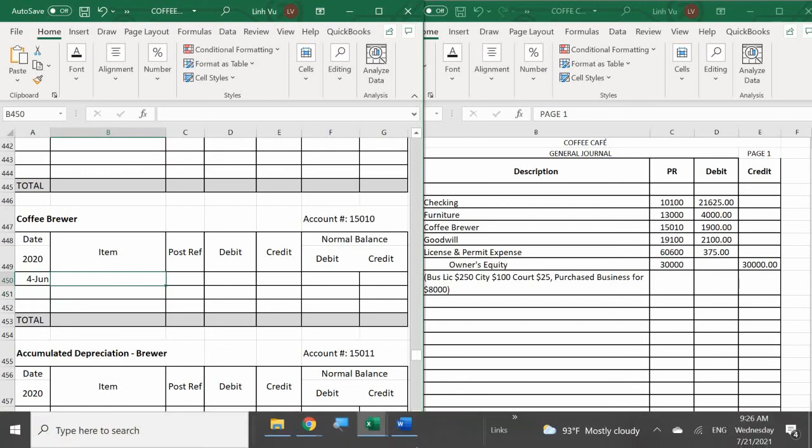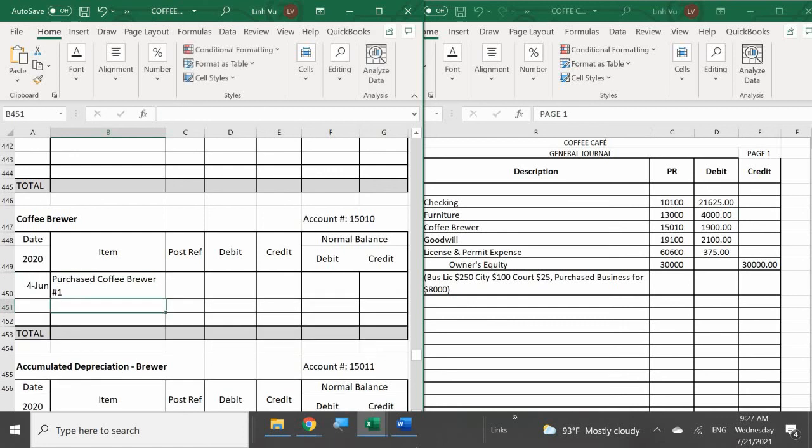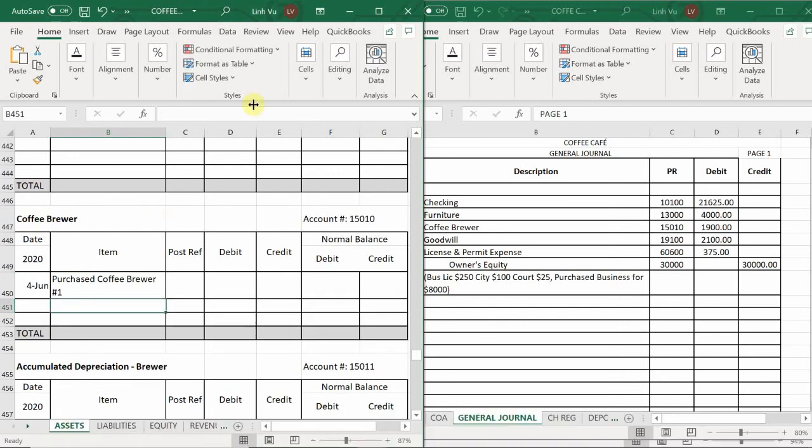Now, I'm going to give you guys a heads up, because in this case, we're going to run a business. One coffee brewer is not going to be good enough. So we will be making a future purchase. How I'm going to refer to this one is that I'm going to say, this is coffee brewer number 1. You could say purchase if you want. Purchased coffee brewer number 1. Okay, so that one's my very first coffee brewer.